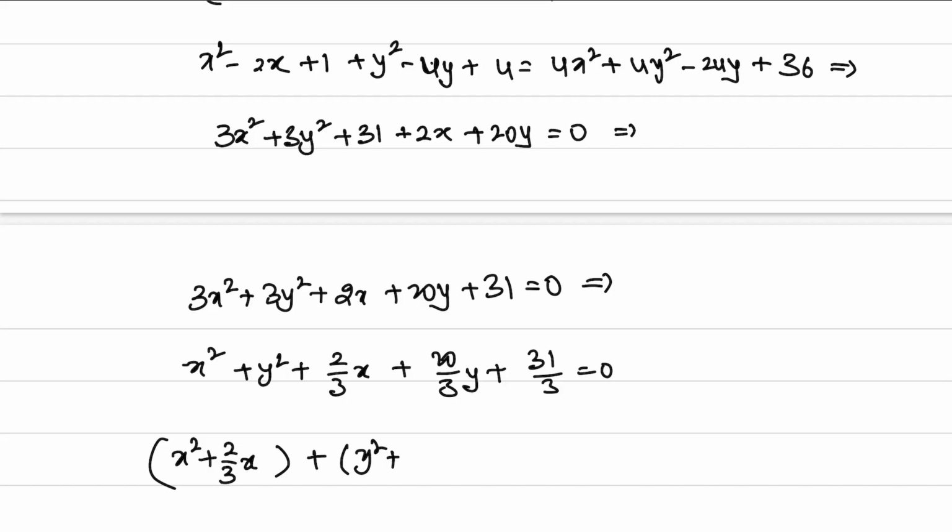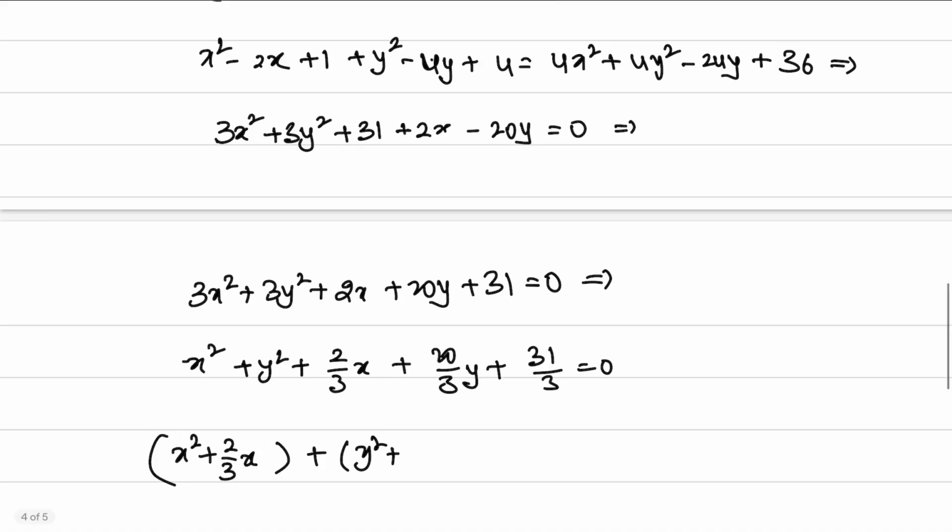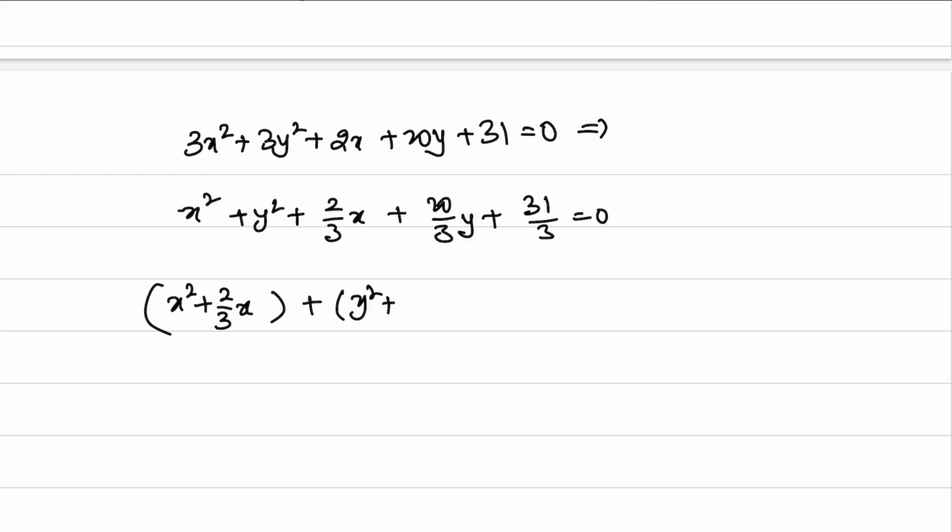Minus. Please cross check whenever you are doing something. Let us cross check. It is minus because it is minus 24 here. Here also it is minus. So y square minus 20 by 3y plus 31 by 3 is equal to 0.